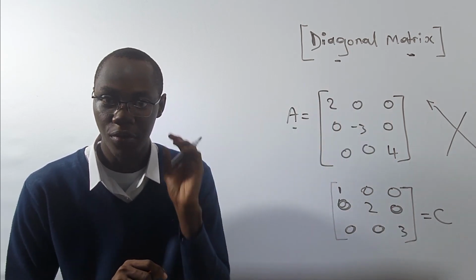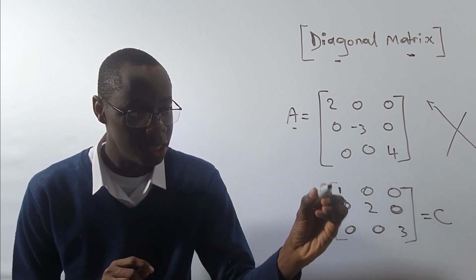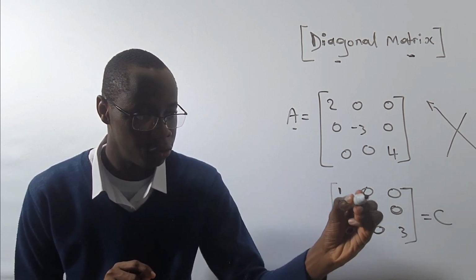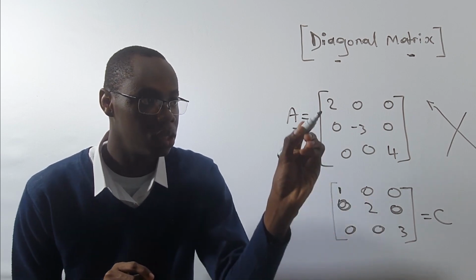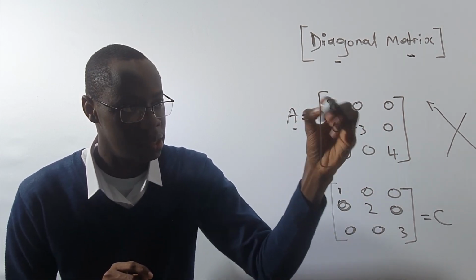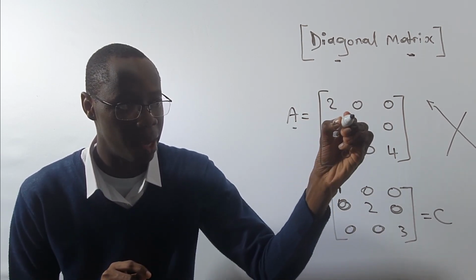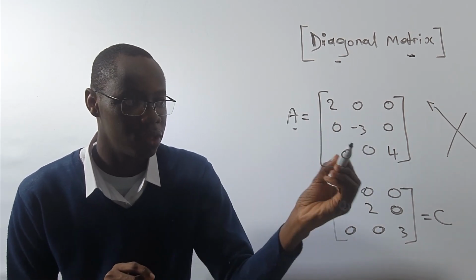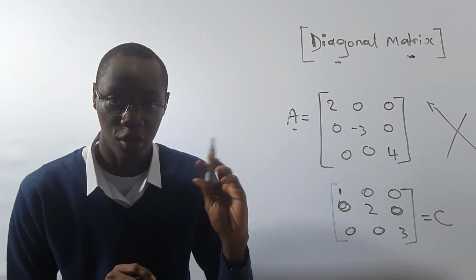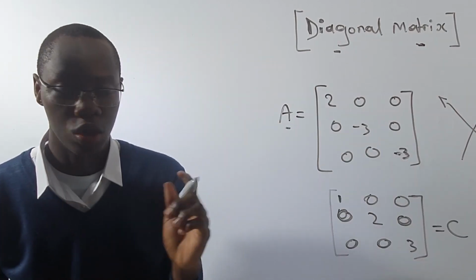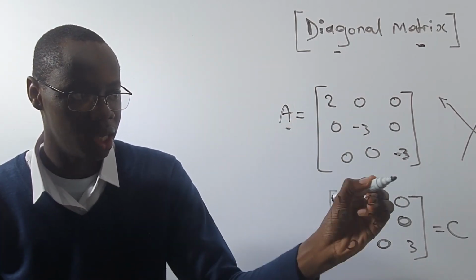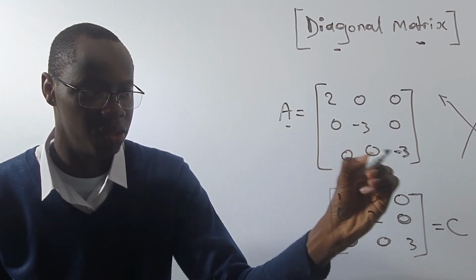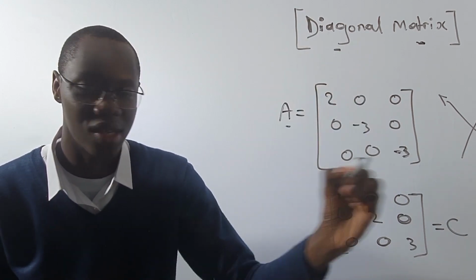And another very important thing, please listen to this. They are not equal. 1 is different from 2. 2 is different from 3. 2, just like in A, is different from -3, and -3 is different from 4. They are not equal. So the moment you have another element here, let me give you another example, -3, -3, this is not a diagonal matrix anymore.